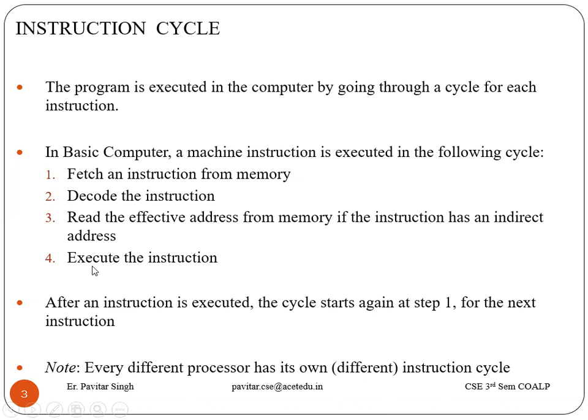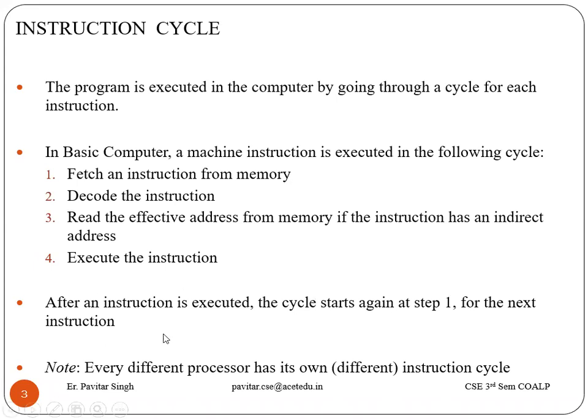After that, the second instruction goes through these four phases again. Then similarly for the third instruction, fourth instruction, and so on. Every instruction has to pass through this instruction cycle, right?